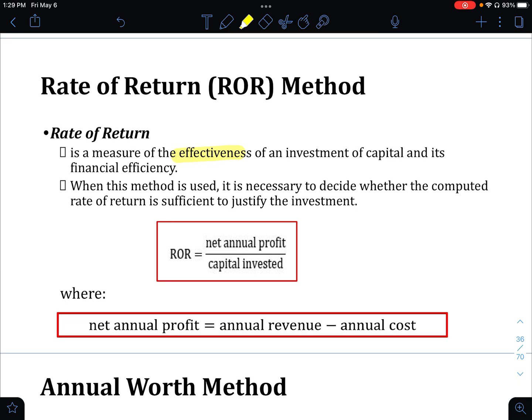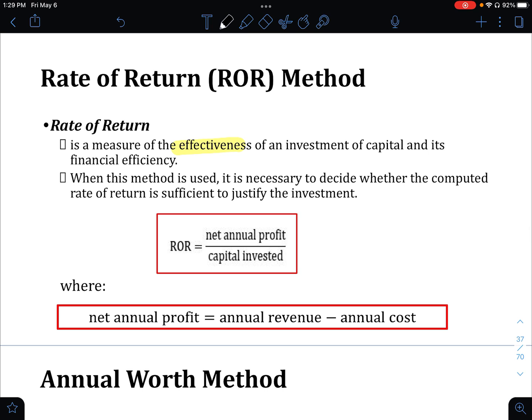So when this method is used, it's necessary to decide whether the computed rate of return is sufficient to justify the investment. So one term we can associate with that is whether it is a desirable investment or not.